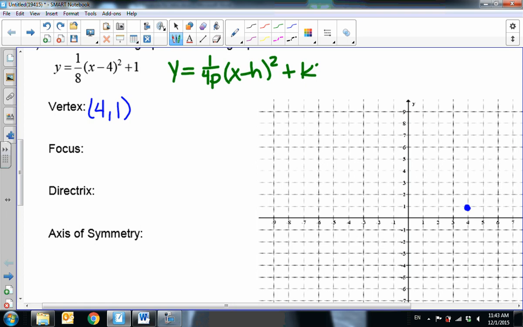Good. X equals, it's the vertical line through our vertex. Sorry, I can't see where the cursor is, so I can't tell where I'm writing. So I apologize that it looks all crazy.